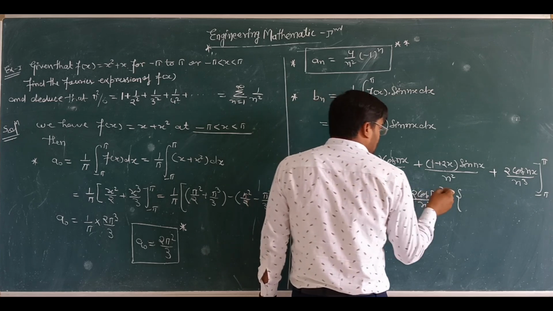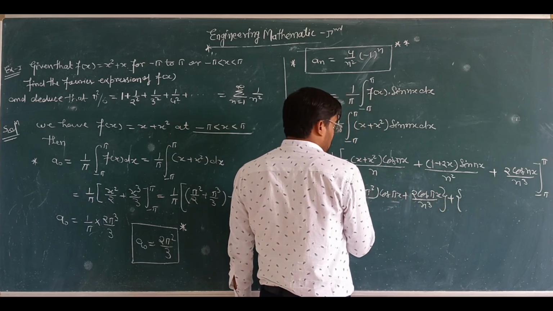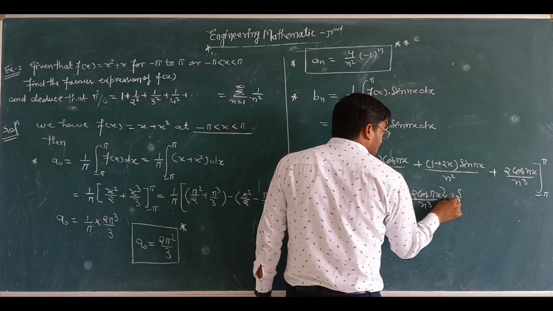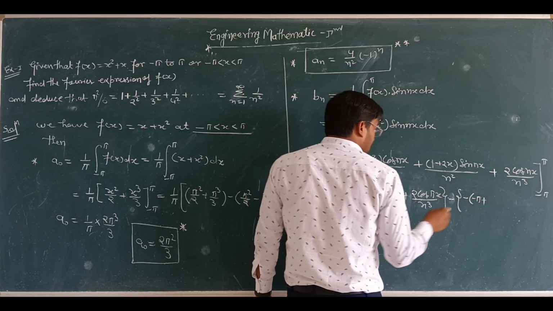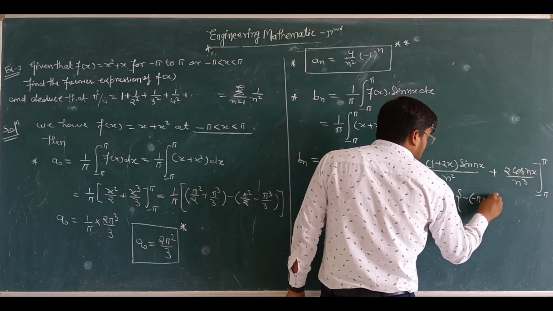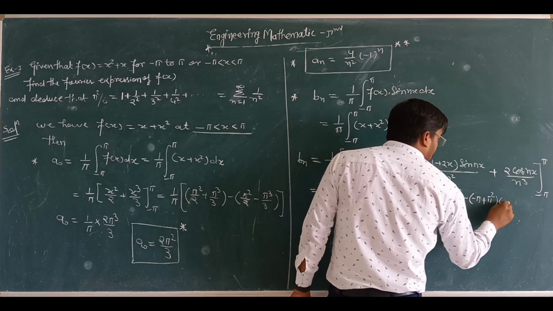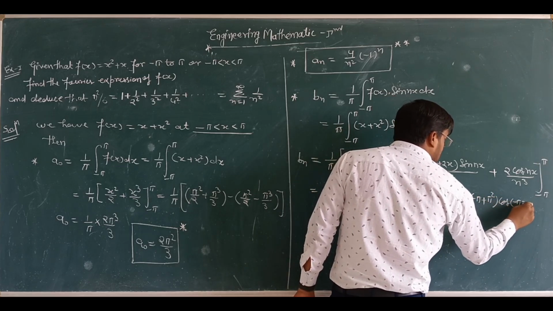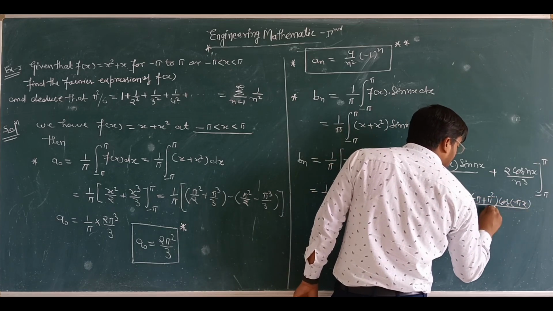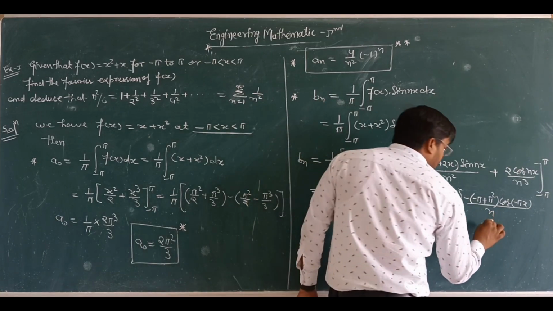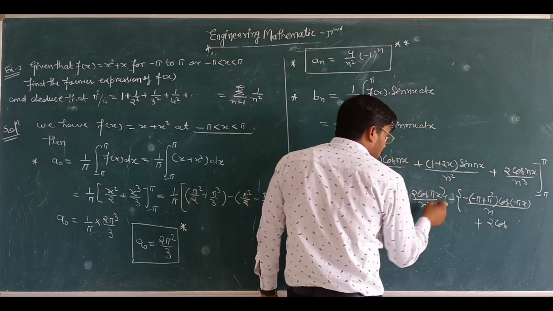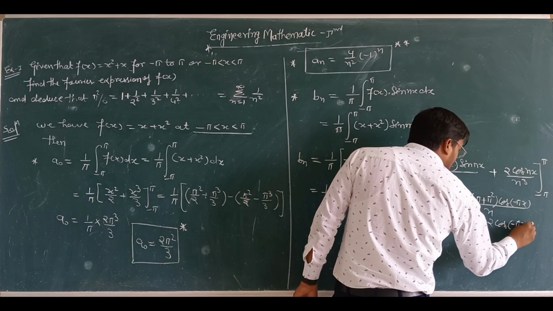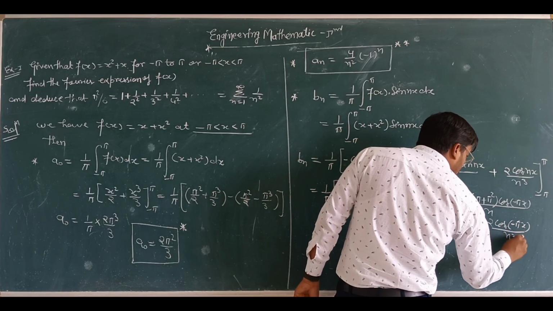This is minus pi plus pi square cos minus pi x upon n plus 2 cos minus pi x upon n cube.